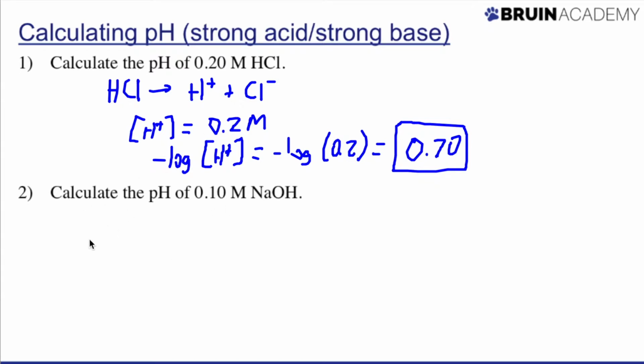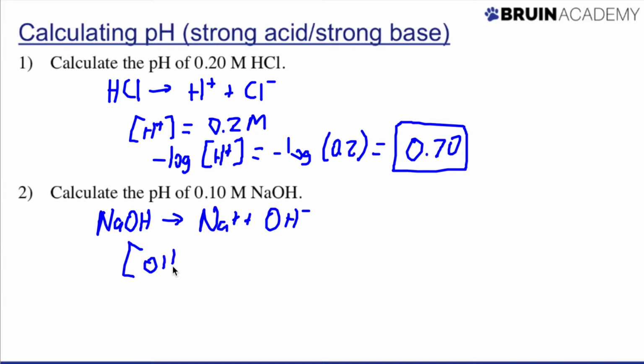We can do the same thing for NaOH. So the first thing I do is write my dissociation of the base. NaOH goes to Na+ plus OH-. The OH- is what causes it to be basic. Here I'm going to calculate the pOH. So I know the OH- concentration is going to be equal to 0.1 molar because all of it dissociates.